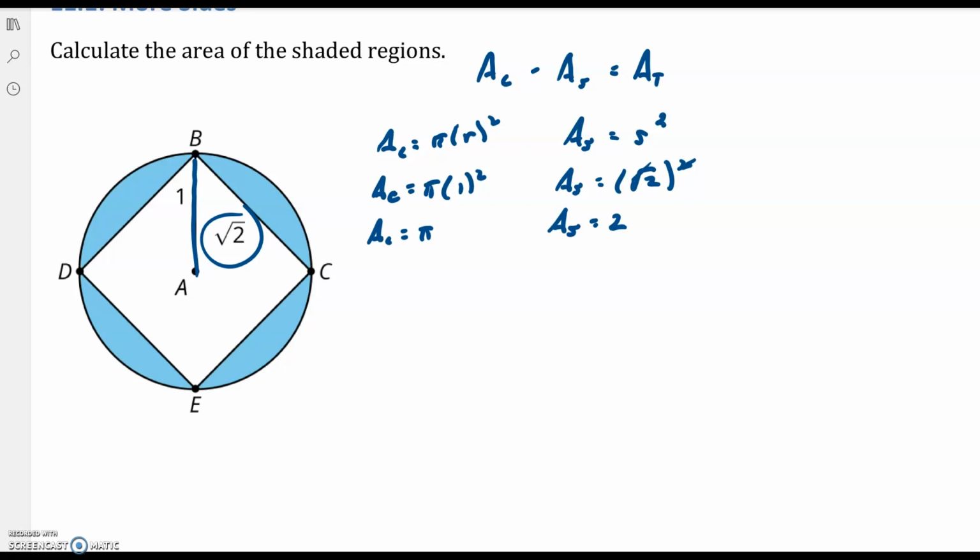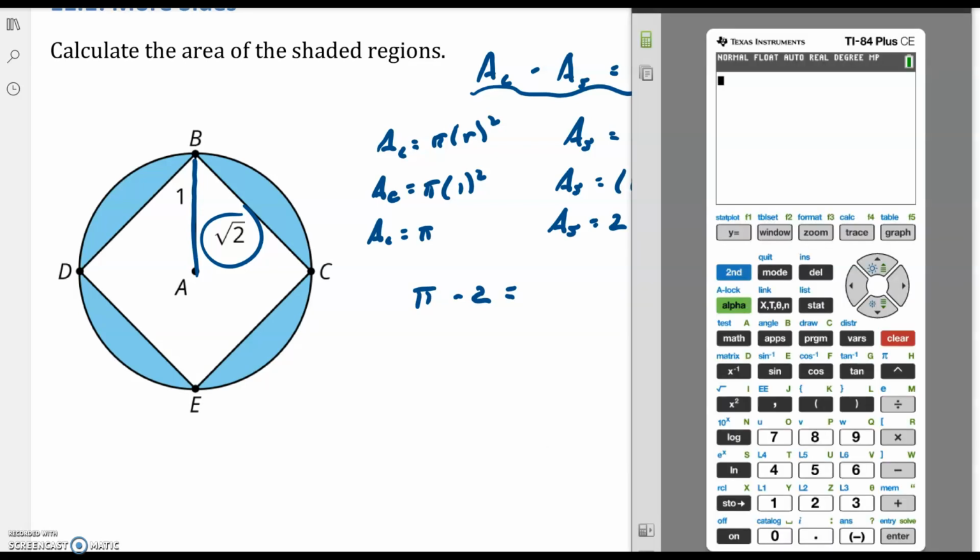Now to find my total area, remember at the top what I did: I took the area of the circle, which is pi, and I'm going to subtract from that the area of the square, which is 2, and then I can just use my calculator. I take the pi button on my calculator and subtract 2 from it, and I get an area of 1.41.